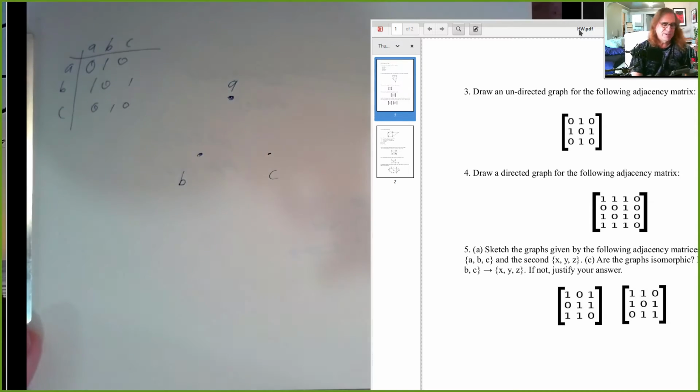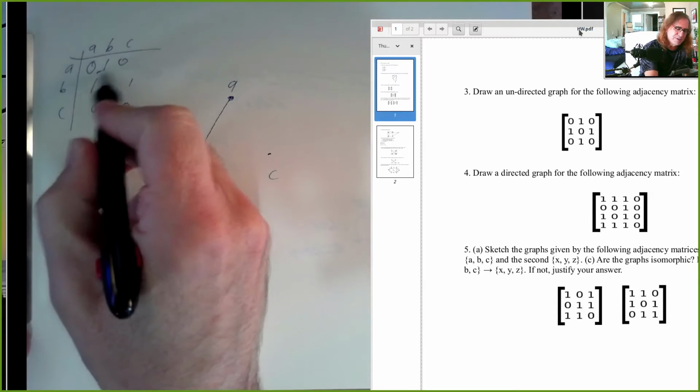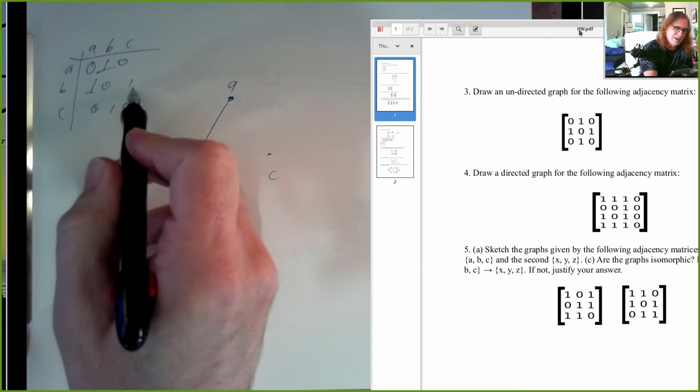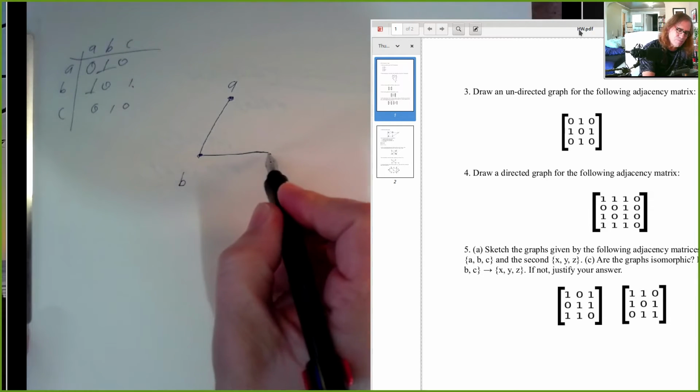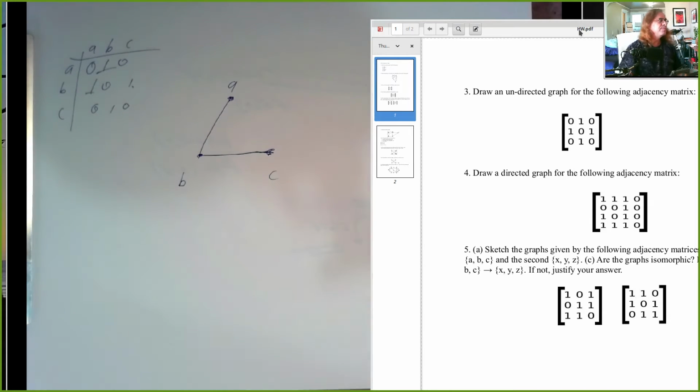This basically tells us where we have edges. There's an edge between A and B. That's what this tells us. It's also what that tells us. There's an edge between B and A and B and C. And there's an edge between C and B, and that's your whole graph. It's really just 3 dots connected. All right, so that's question 3.